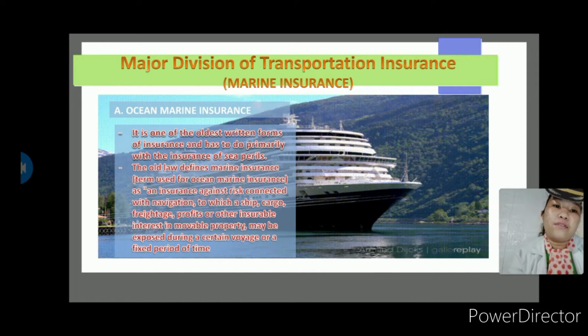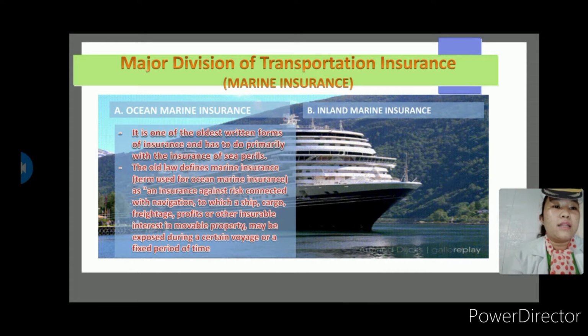So the old law defines marine insurance, or the term used for ocean marine insurance, as an insurance against risk connected with navigation to which a ship, cargo, freightage, profits, or other insurable interest in movable property may be exposed during a certain voyage or a fixed period of time. So basically, it is more concerned with the navigation or the goods which are in transit at sea or during navigation or a voyage.